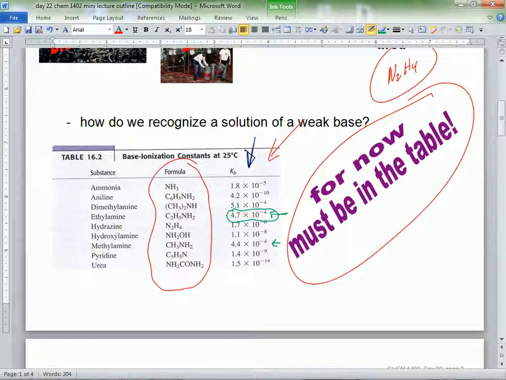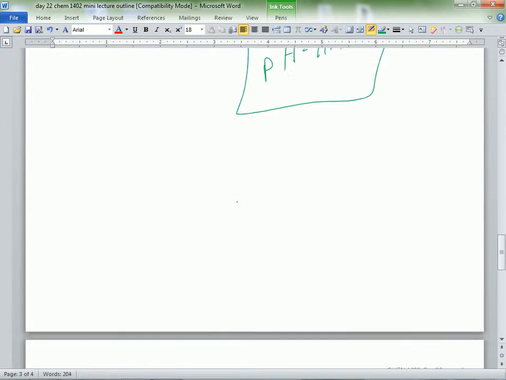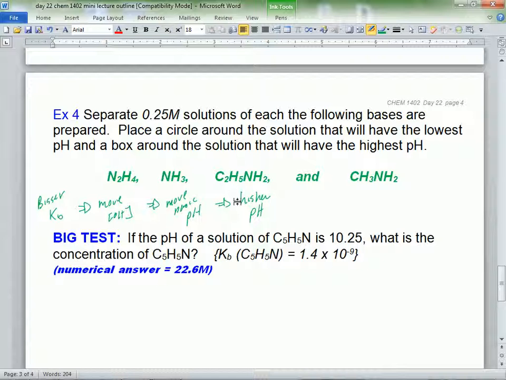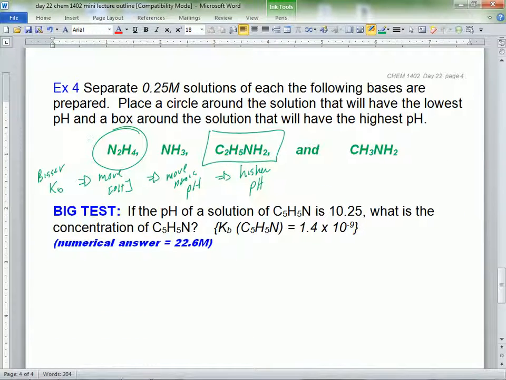So ethylamine should be the biggest one. So you should be drawing a box around ethylamine. Which one do you circle? N2H4? You agree? Yes. Okay. So which one's the highest?